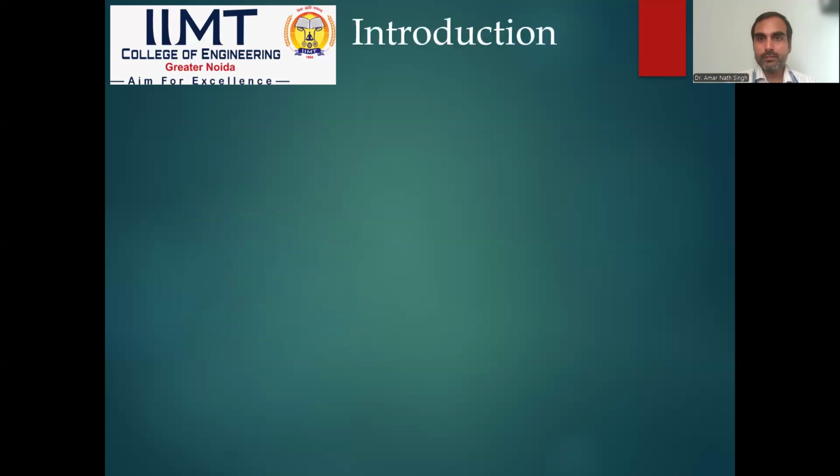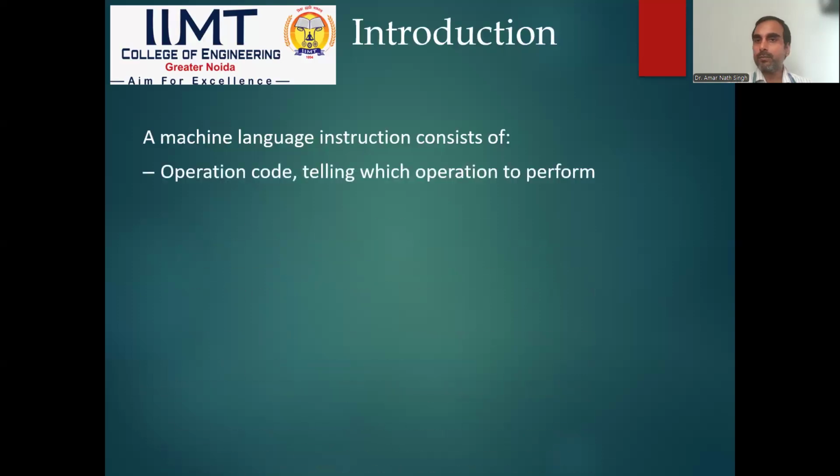Coming to the first and most important thing, what is an instruction? Whenever we analyze this content, we try to know what exactly the instruction is. An instruction is usually a kind of machine language which consists of an operation code, because without the operation, the system cannot understand what to do.